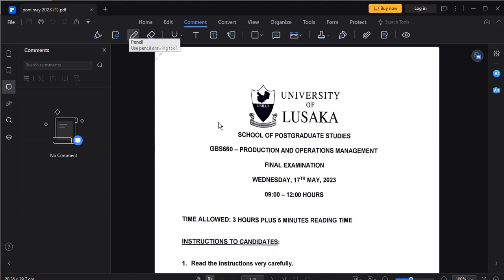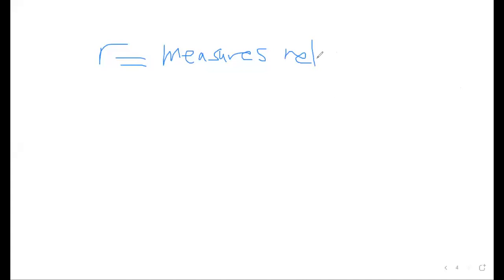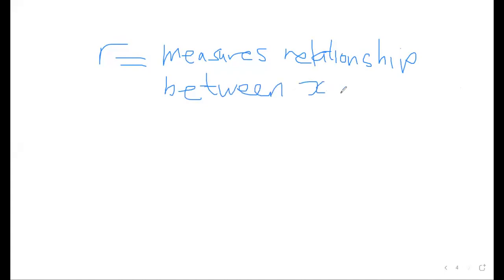So we are simply saying it measures the relationship between x and y.